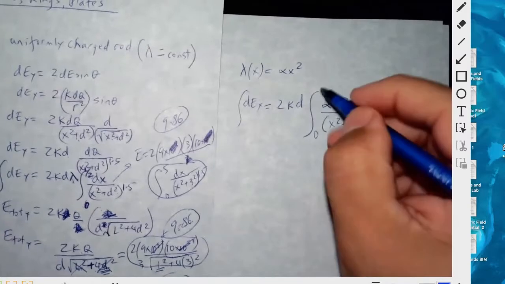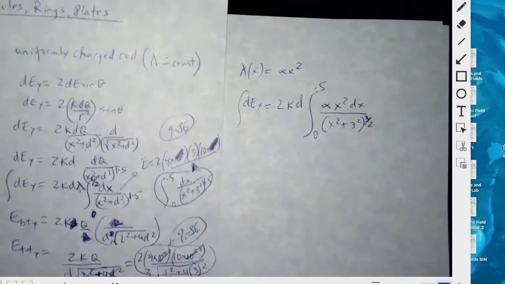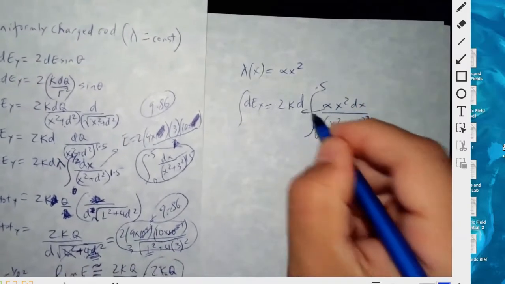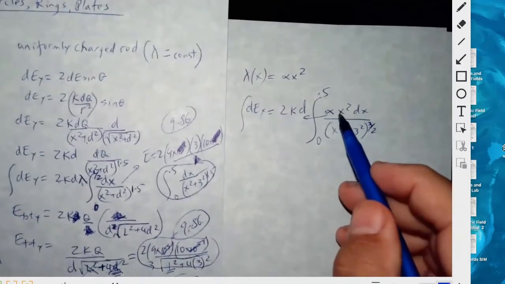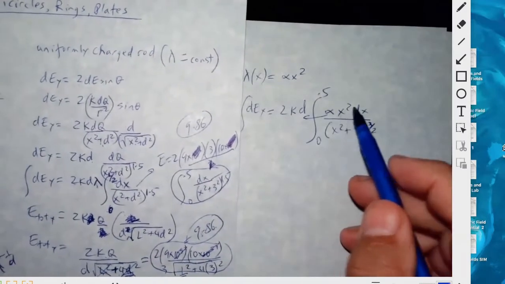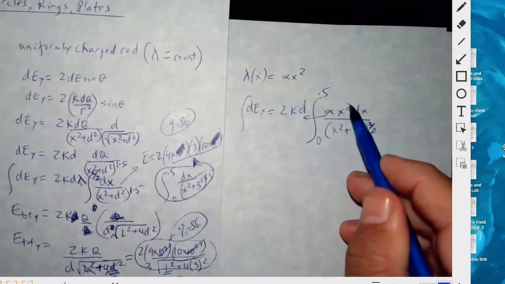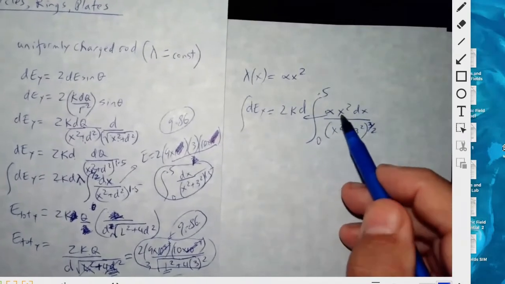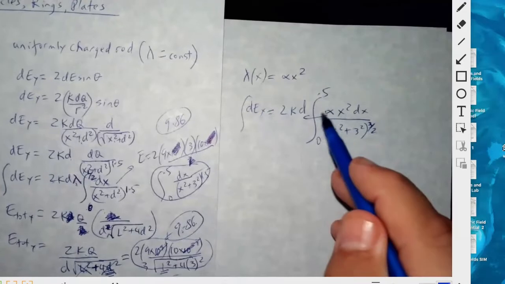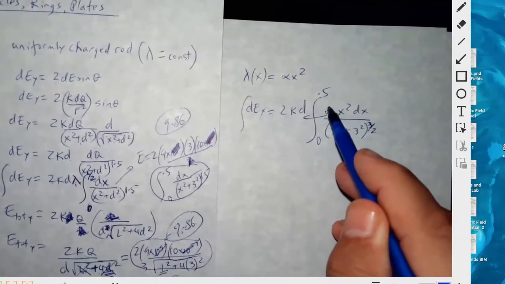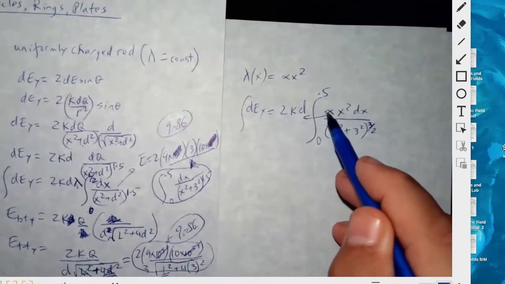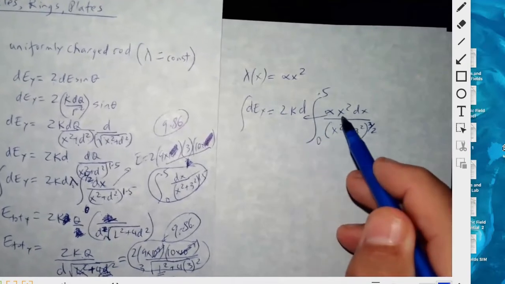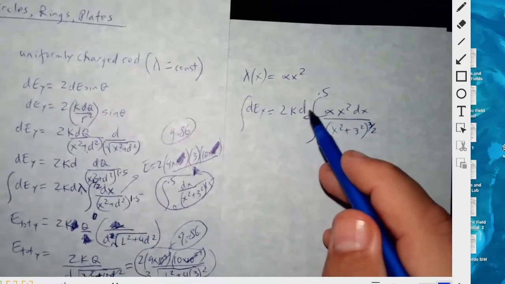From 0 to 0.5, then the alpha will come out. So the difference is that for the non-uniform, you're putting the lambda function in, and only the alpha, this constant, is coming out, not the whole lambda itself.